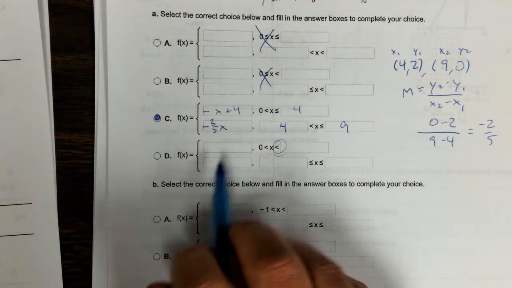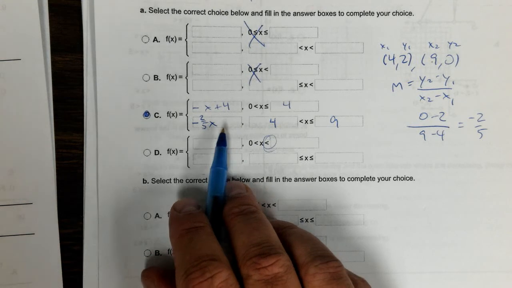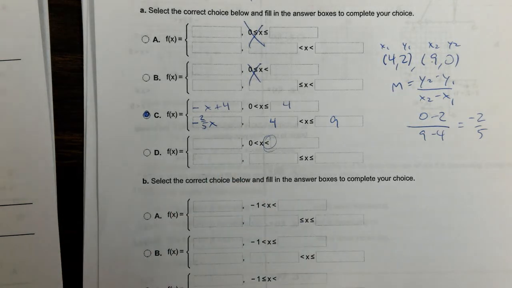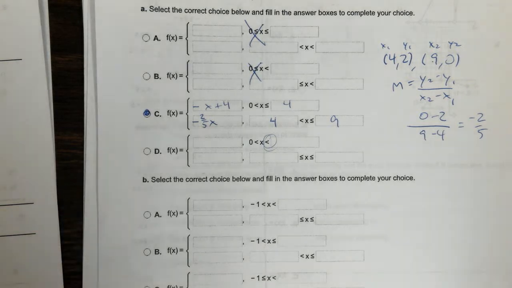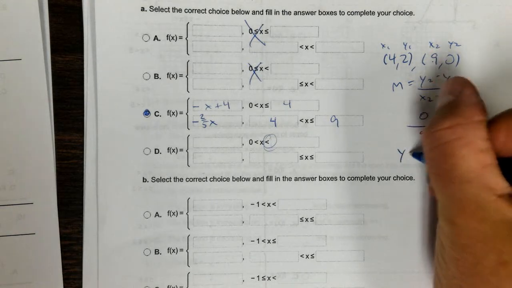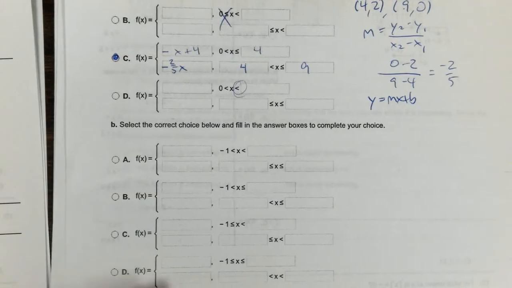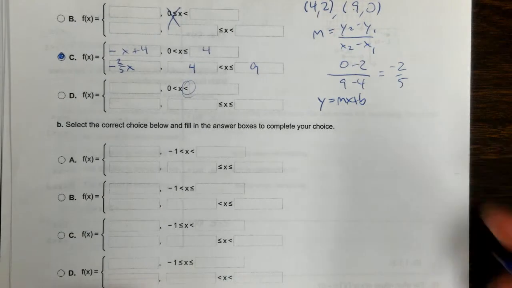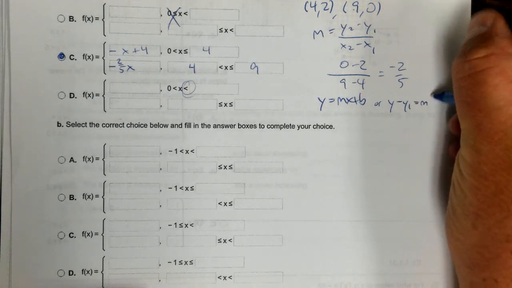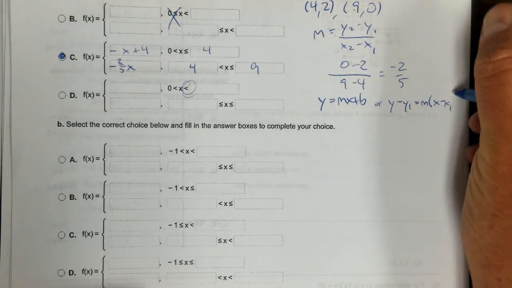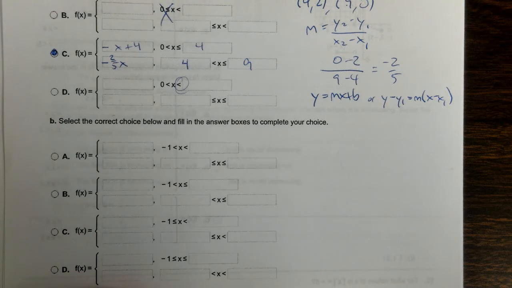Now I'm not done. We need the y-intercept. So how do we figure out our y-intercept? Well, we could use this equation, y equal mx plus b, or we could use y minus y1 equal m times x minus x1. So those are things we can try to use.